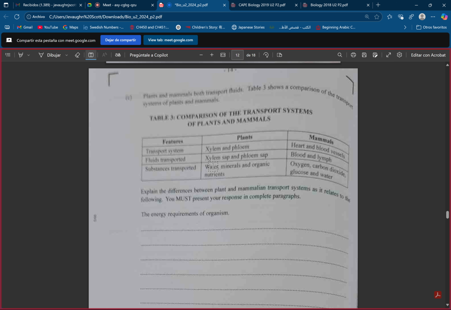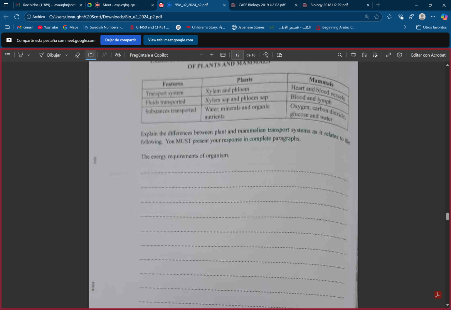Explain the differences between plant and mammalian transport systems as it relates to the following. You must present your response in complete paragraphs. So what we're doing, we're explaining the differences.